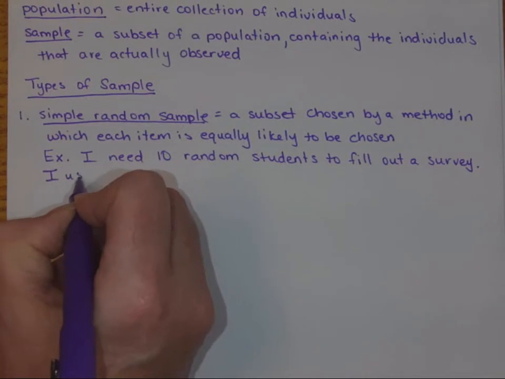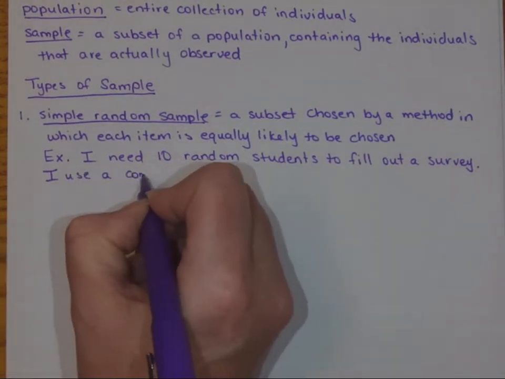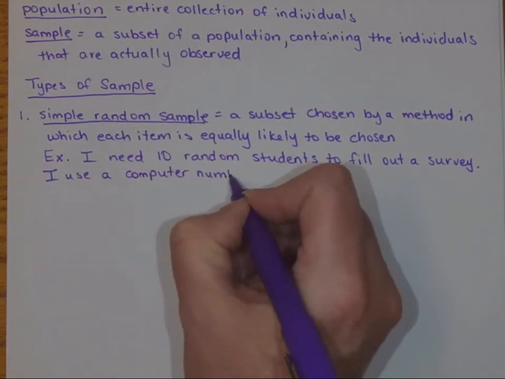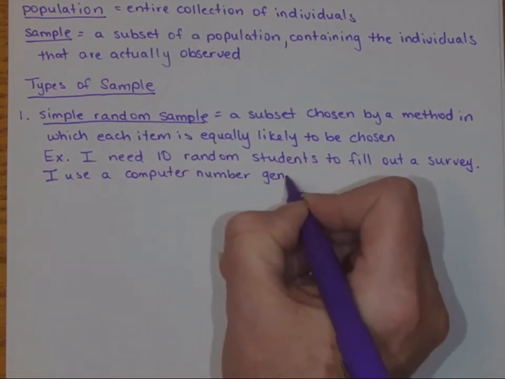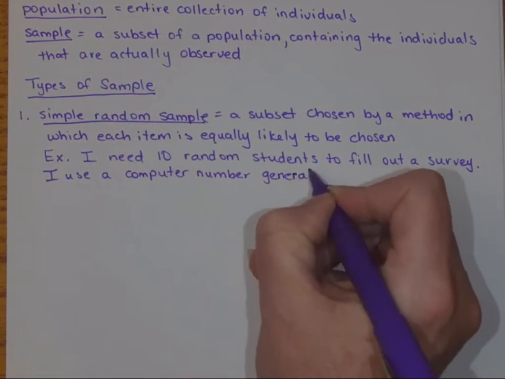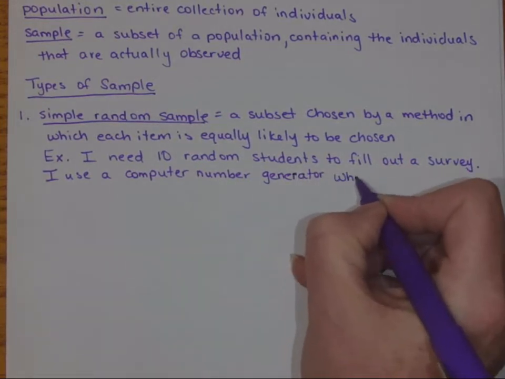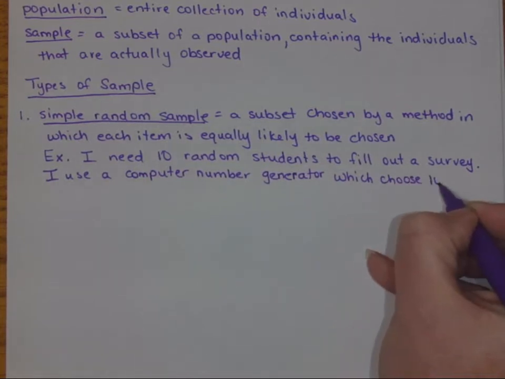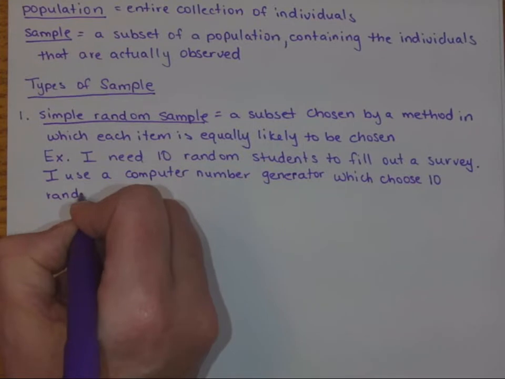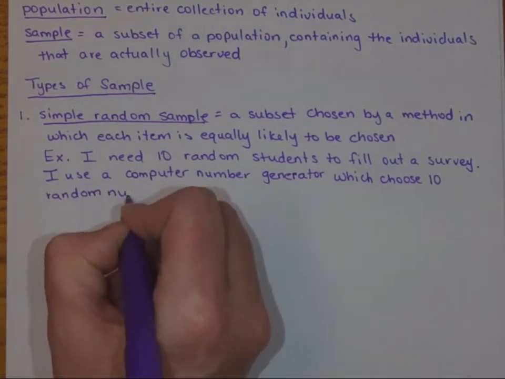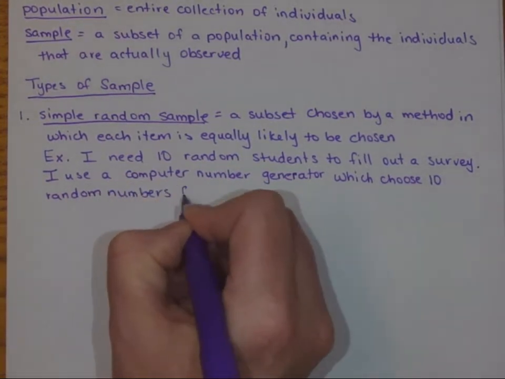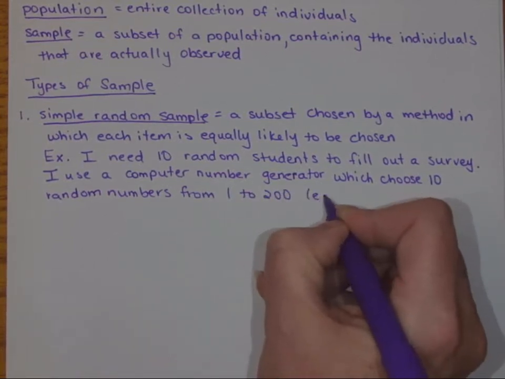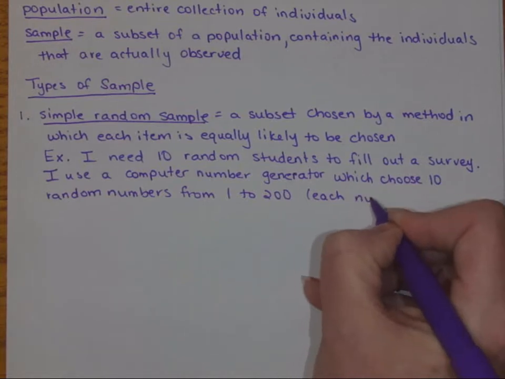One way to make it random would be to use a computer number generator, which chooses random numbers from 1 to 200, where each number represents one of my 200 students.